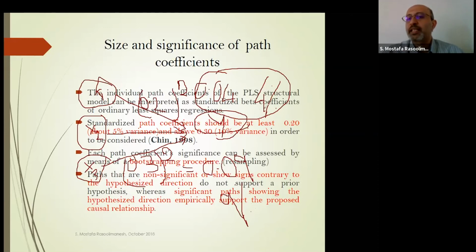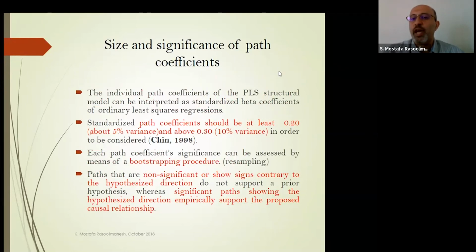But actually there is not a suitable way to assess the size of path coefficient. The best way to assess the size and importance of path coefficient is based on its significance. So you can understand something based on the size of path coefficient, but it's better to apply criteria to calculate the significance of path coefficient.